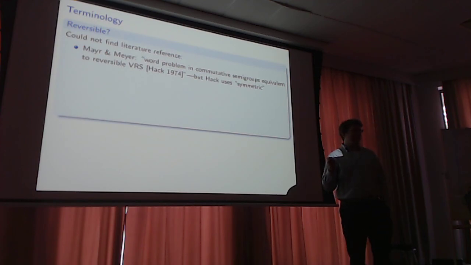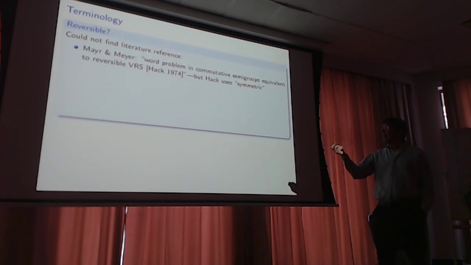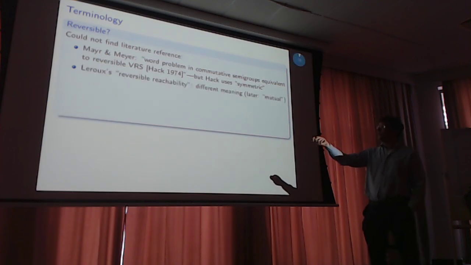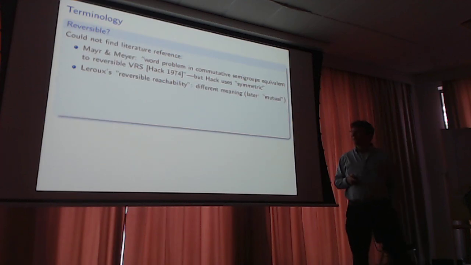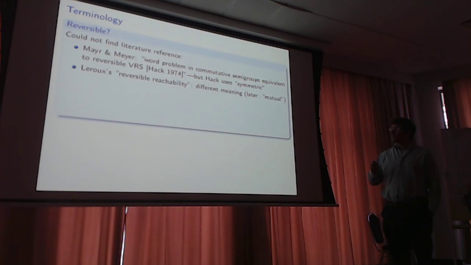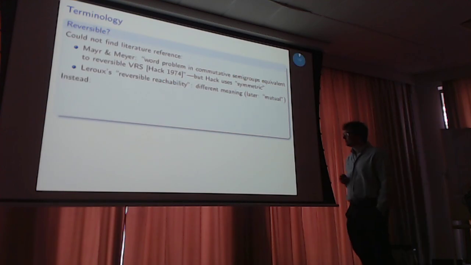But Hack never calls it reversible. He calls it symmetric. So there was nothing to cite as the paper that introduces the concept as reversible. There is Jérôme Leroux's paper on reversible reachability, but he switched terminology and now it's mutual reachability. So that's also not what we mean.